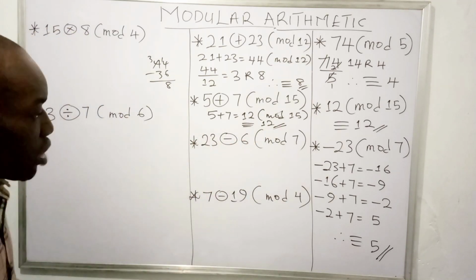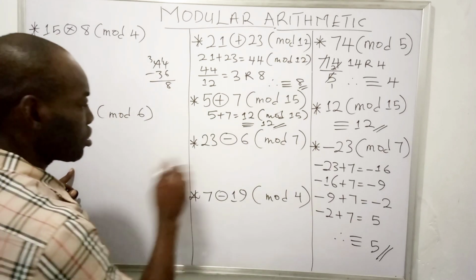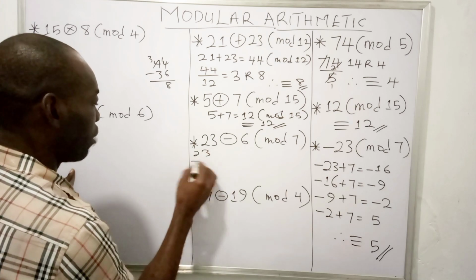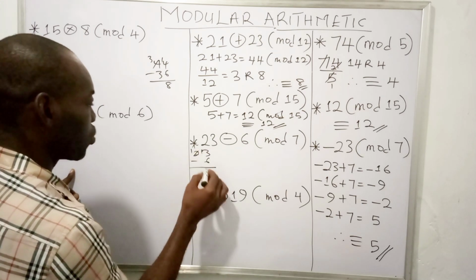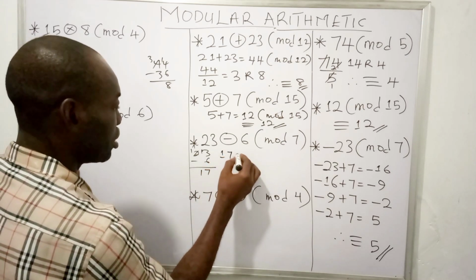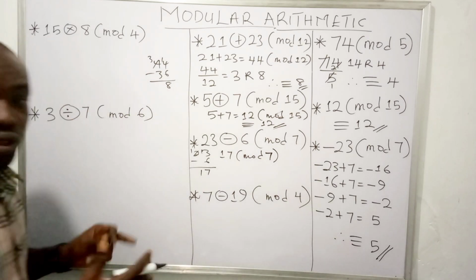Now let's see that as subtraction. 23 minus 6 gives us 17. So we have 17 mod 7.